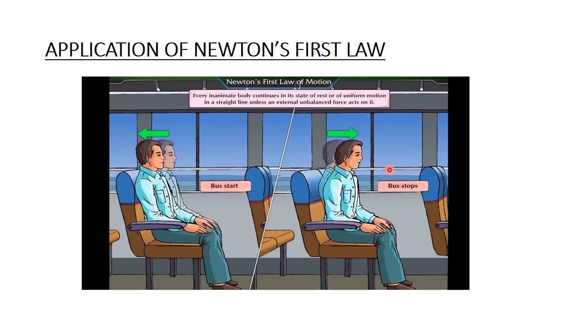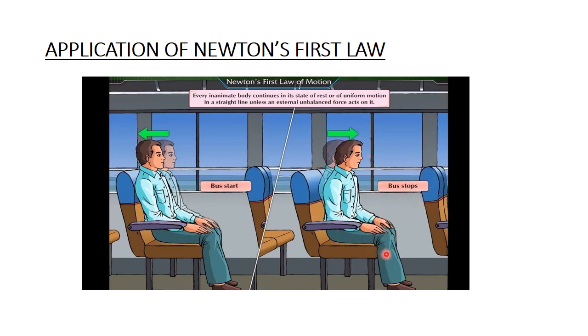Okay, now look at this picture. Suppose a passenger is standing or sitting on a moving bus without holding any support. This is a moving bus.